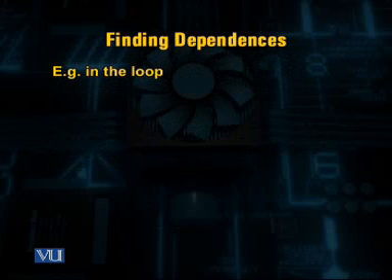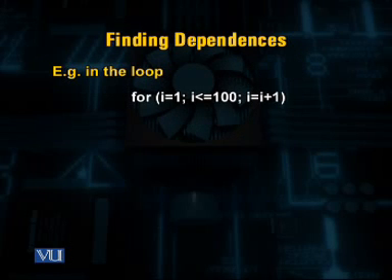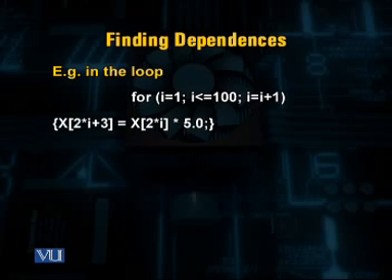So you can see that in a loop, for example, for I equal to 1 to 100, where we have to compute x of 2I plus 3 is equal to x of 2I multiplied by 5.